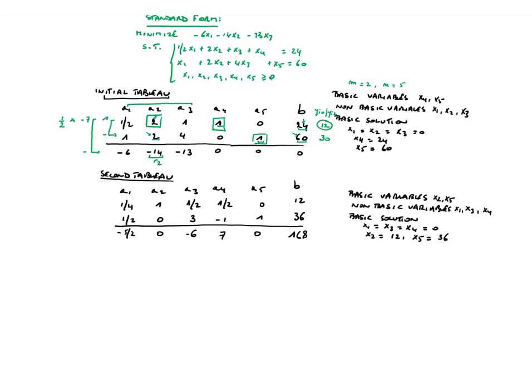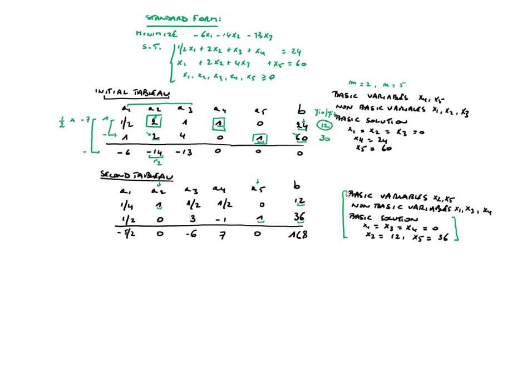Well, after calculations, elimination procedure, you obtain the second tableau, and you will see here that you have two basic variables, x2 and x5. This is where you see the pivots, and you have three non-basic variables, x1, x3 and x4, that you can set to 0, and x2 is equal to 12 and x5 is equal to 36, and this leads to the basic solution.